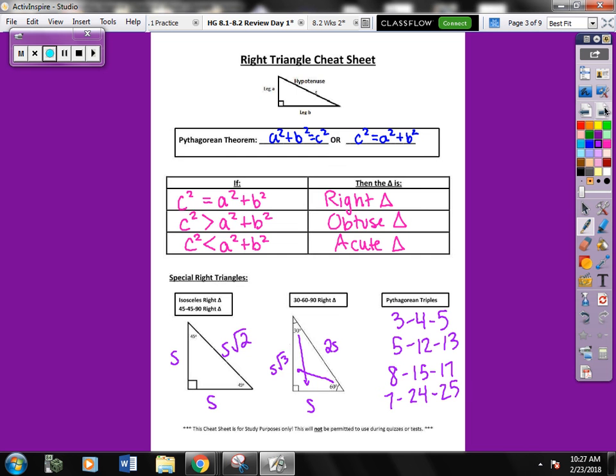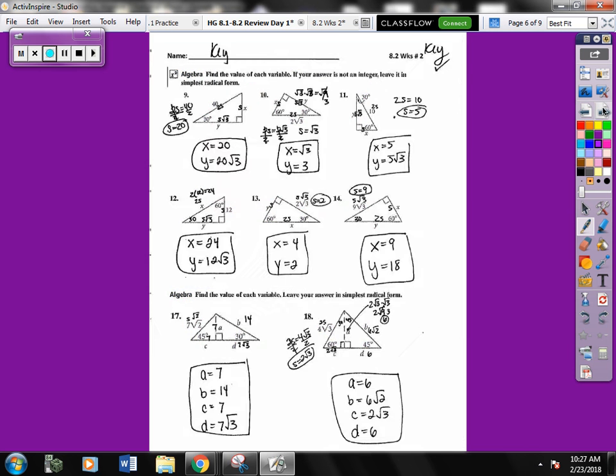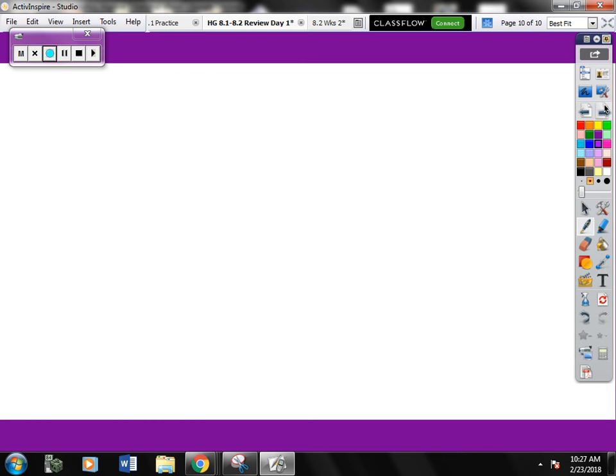Something to mention, let's see if I have a blank sheet here I can pull up. Let me just pull a number from this page. How would I find the length of x?